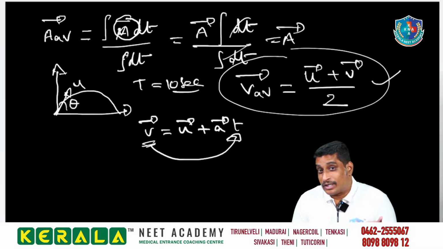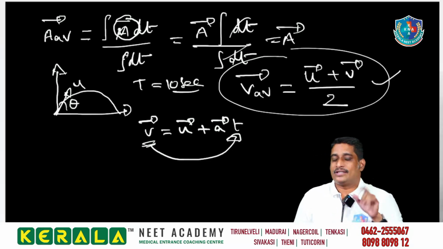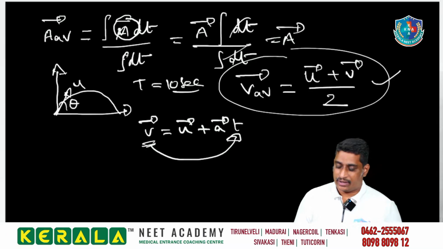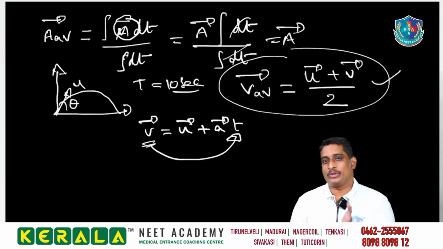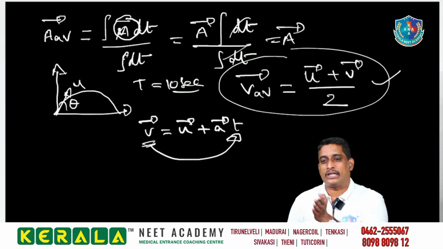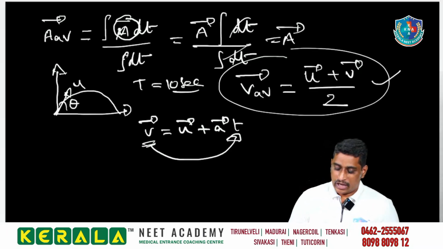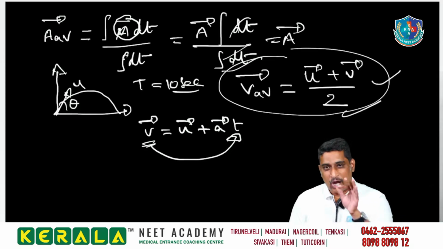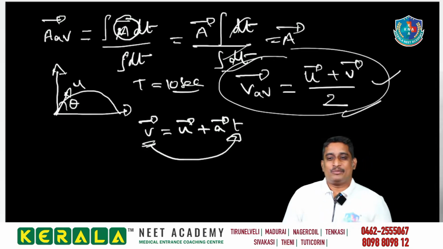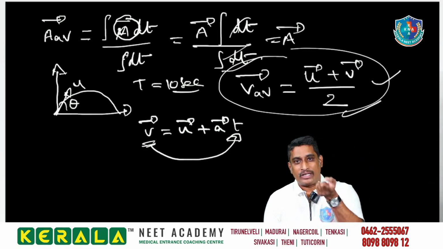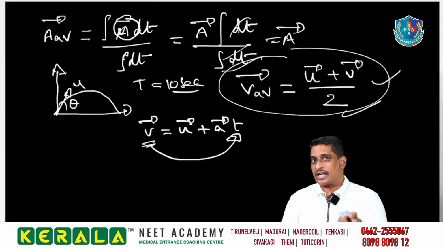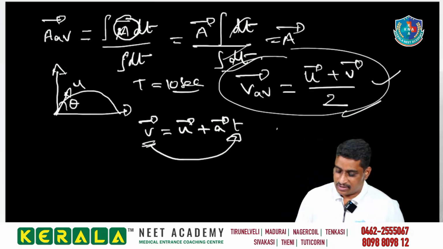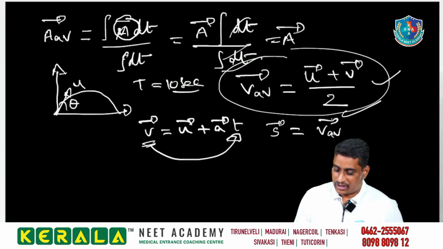If any physical quantity is a linear physical quantity, then the average value of that physical quantity can also be written as initial plus final value by 2. Therefore, you can use this equation for average velocity when the particle is moving with constant acceleration. Because of this reason, you might have practiced one of the kinematic equations as: displacement covered by the particle is equal to average velocity into time interval.